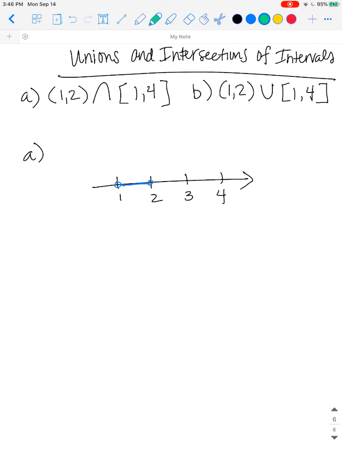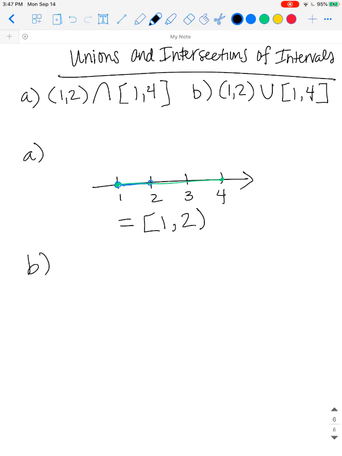And then our 1 and 4 is closed on 1 and 4, and that goes all the way there. So what does our intersection mean? Our intersection means what's common to both. So here our 1 is common to both, so we can include that. And then the green overlaps the blue just from 1 to 2, but 2 isn't included in the blue, so we're going to go like that.